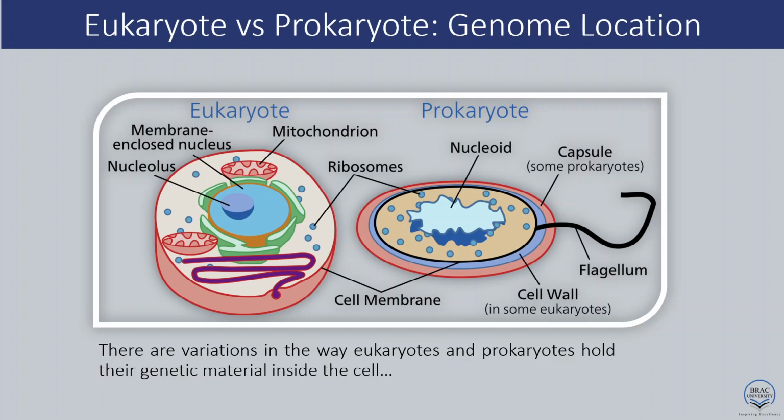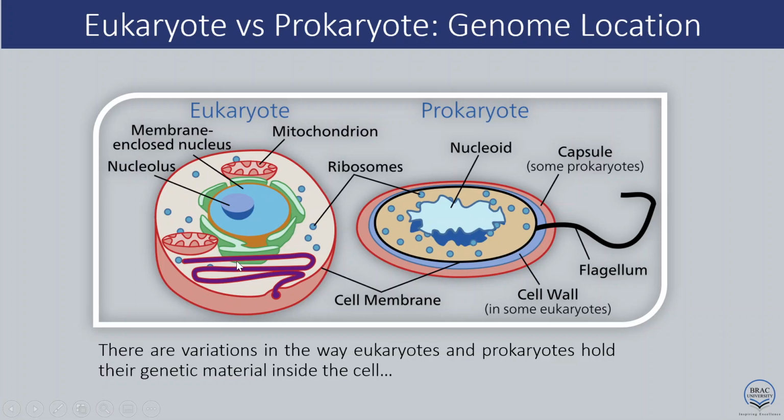So here is a figure that depicts the difference of nuclear organization between eukaryote and prokaryote. So we know that the eukaryotic nucleus is organized and well defined, whereas the prokaryotic nucleus is not that well defined or compartmentalized, and that is known as the nucleoid.